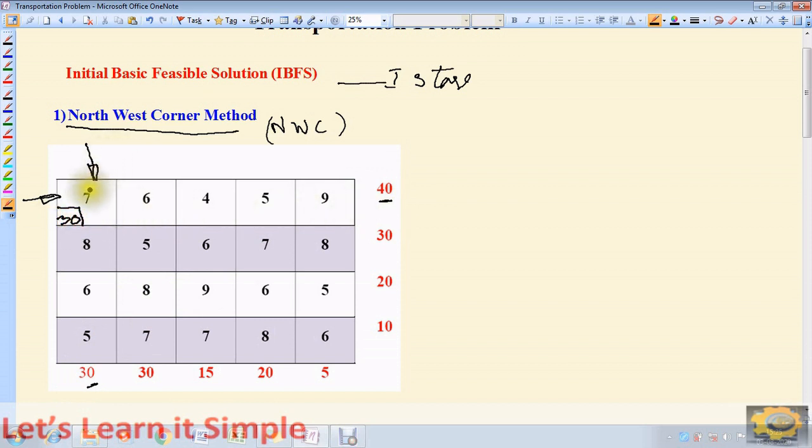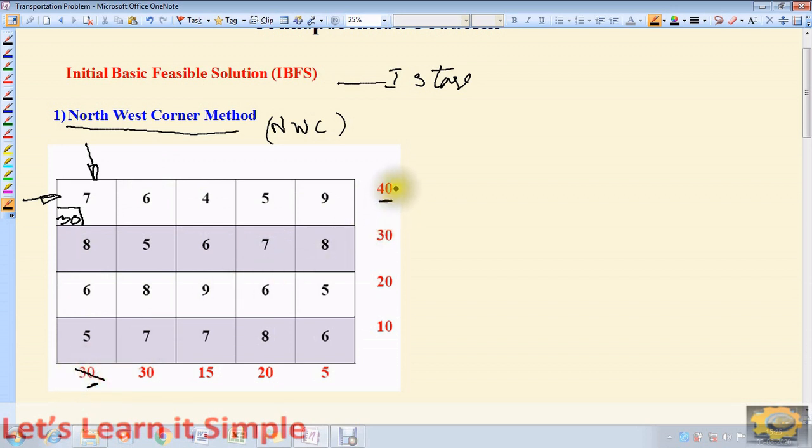That is, in the given matrix, cell 1, 1, that is 7, is the northwest corner. Take the corresponding column and row. In that column, 30 is the value, along that row 40. Compare 30 with 40, whichever is lesser can be allocated here. So 30 is the lesser, which is completely allocated here.